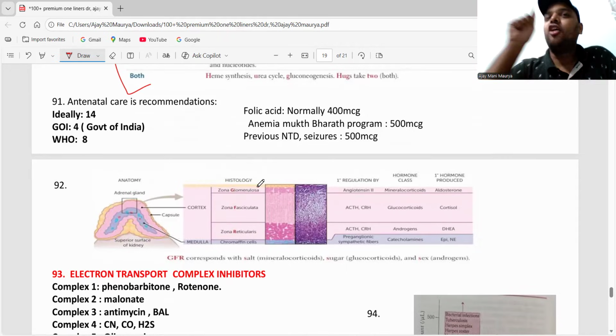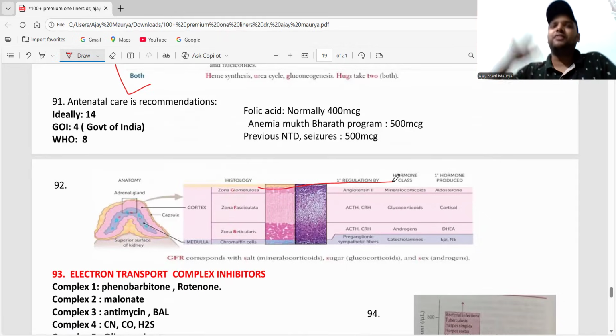What is the hormone from the glomerulosa? Aldosterone. From the fasciculata, cortisol. The reticularis gives sex hormones. The medulla gives epinephrine and norepinephrine. Wow, nice.